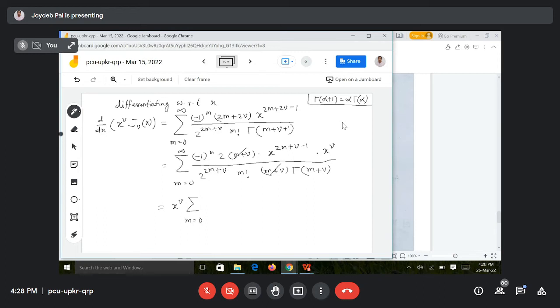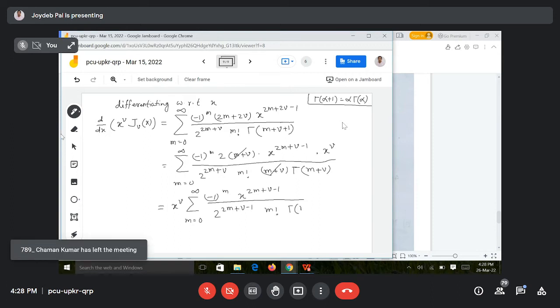So m from 0 to infinity, (-1) to the power m, x to the power 2m plus nu minus 1, divided by 2 to the power 2m plus nu minus 1, m factorial, gamma of m plus nu. Now, is it not J nu minus 1? That summation form, only see the summation form. Is it not J nu minus 1? Yes, sir. Yes.